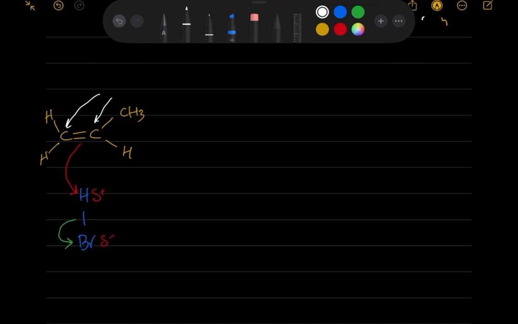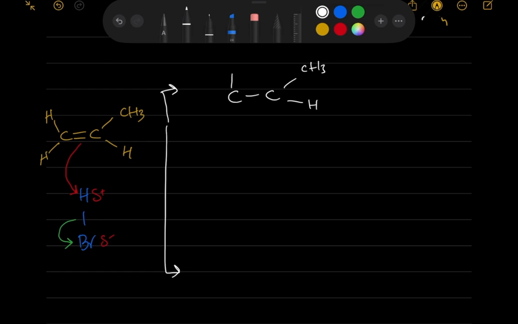So we have two cases, which means that we have two compounds. So we will have a first compound and a second compound. So we have C and C. This is CH3, and here we have hydrogen. Here we have the hydrogen. So we suppose that the first hydrogen is bonded to the first carbon, and as a result of having three bonds, this carbon will have a positive sign, forming a carbocation.